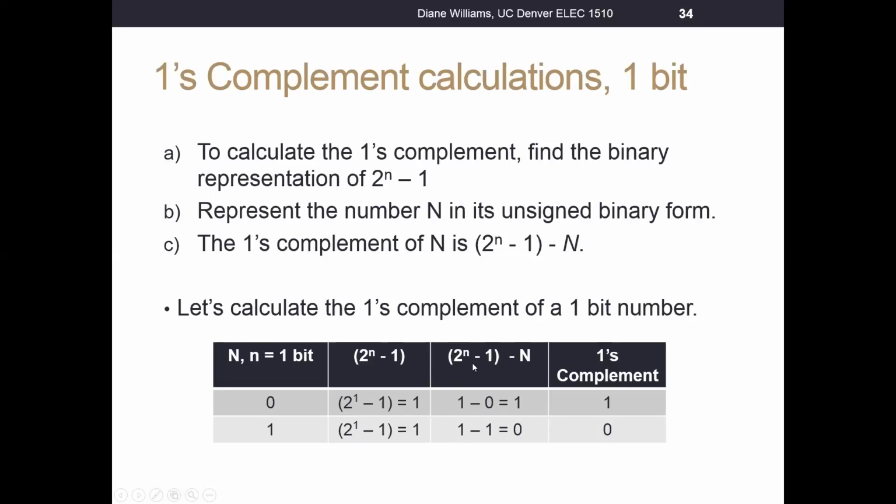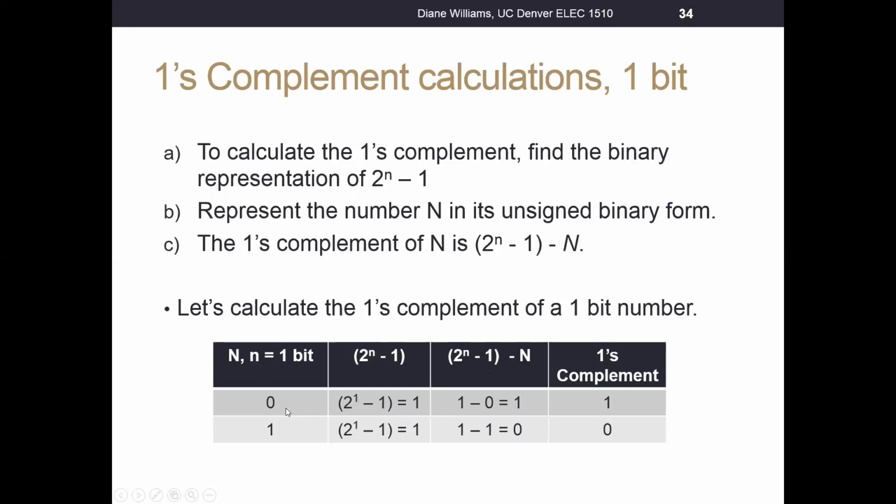So now when I complete this calculation, right, of this form, 2 to the n minus 1 minus n, I take 1, that's this one here, 2 to the n minus 1, minus n's value. N's value is 1, so 1 minus 1 equals 0. And I find that the binary 1's complement of 1 is 0.